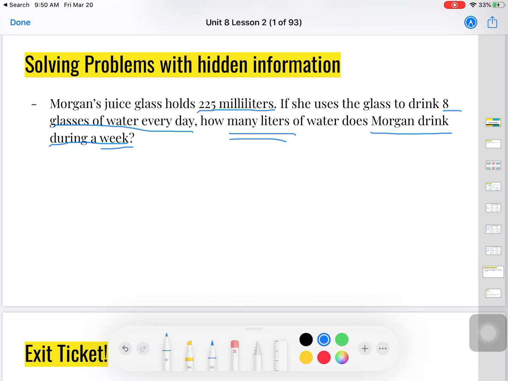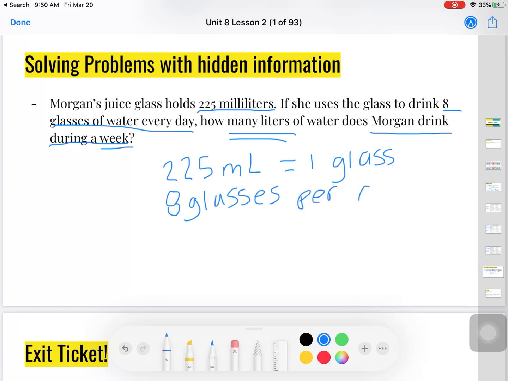So we're going to start off by asking ourselves, if she drinks 8 glasses, how many? So we have 225 milliliters per glass. Eight glasses per day. So we would multiply the two of those together.